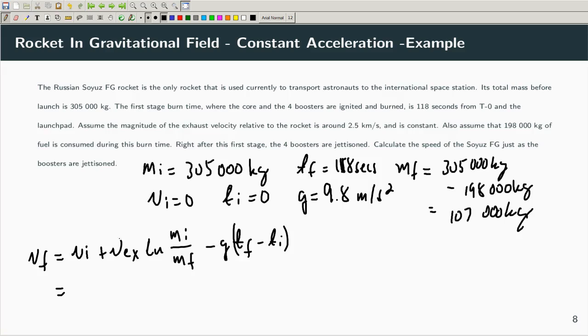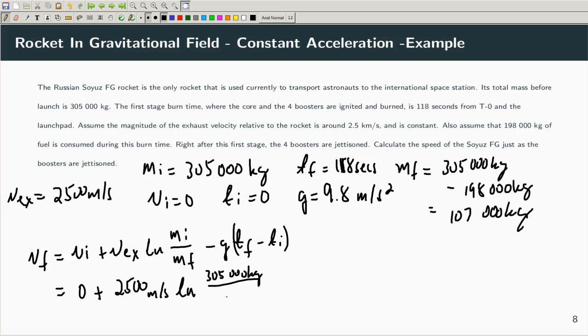We input the initial velocity as 0, and the constant exhaust speed, meters per second, times ln, the natural logarithm of 305,000 kilograms over 107,000 kilograms, take away 9.8 meters per second squared times 118 seconds.